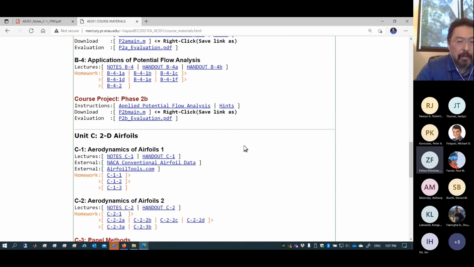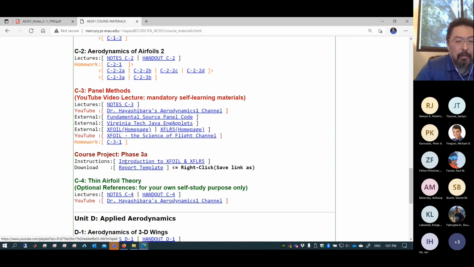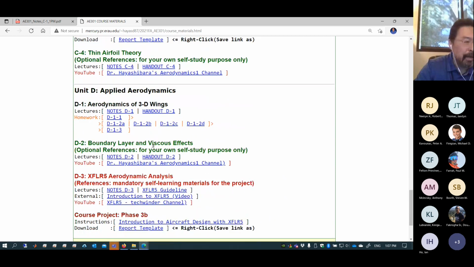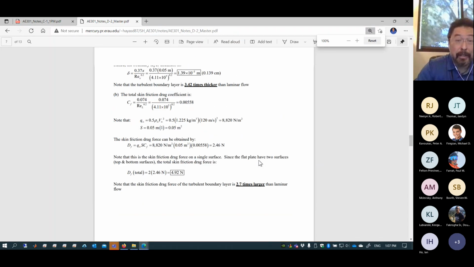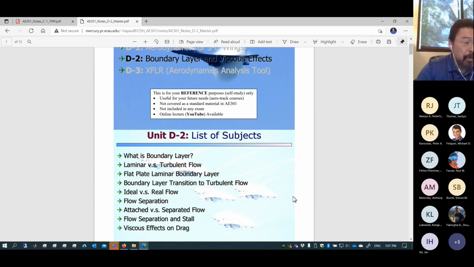Okay, so xFlyer 5 is basically the panel method, node C3, right? And also a boundary layer added on. Unit D2 is an optional reference. I probably don't have time to cover it, but this is essentially boundary layer theory. Unit D2 talks about the flat plate boundary layer, how it develops and how it transitions from laminar to turbulent.